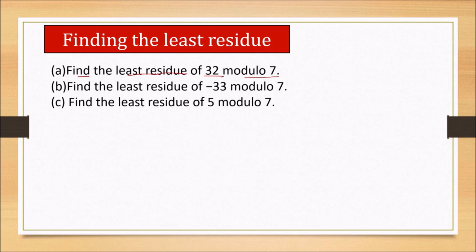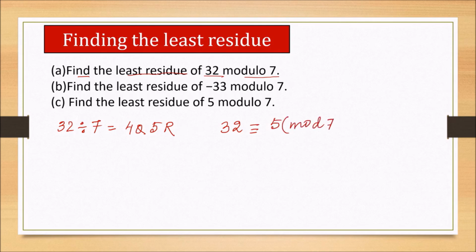We know that when 32 is divided by 7, 4 is the quotient and 5 is the remainder. So I'll write 32 is congruent to 5 modulo 7. What is the least residue? 5 is the least residue. First one. Now coming to the second one.